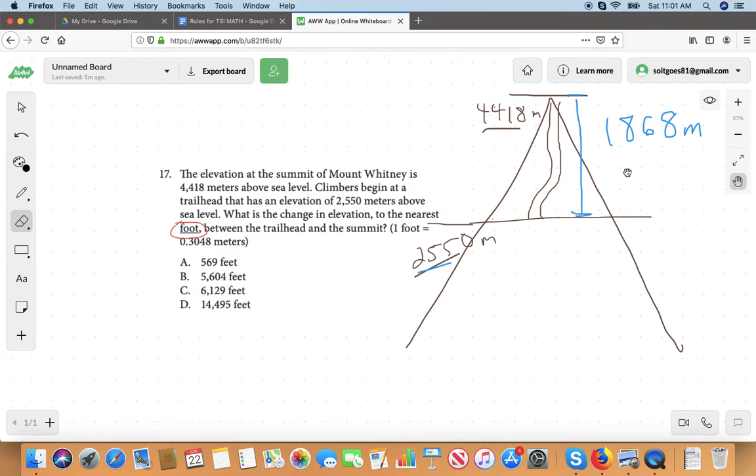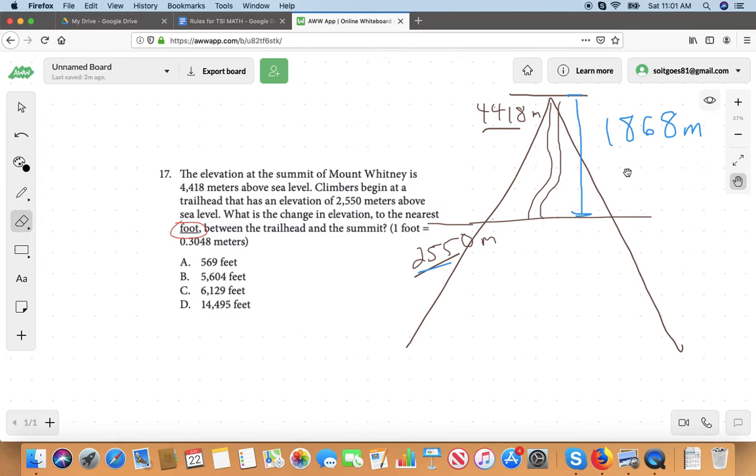Notice it tells us here that 1 foot is 0.3048 meters. So I want to think about this: what's bigger, a foot or a meter? If you've ever worked with a meter stick, you know a meter's pretty big.